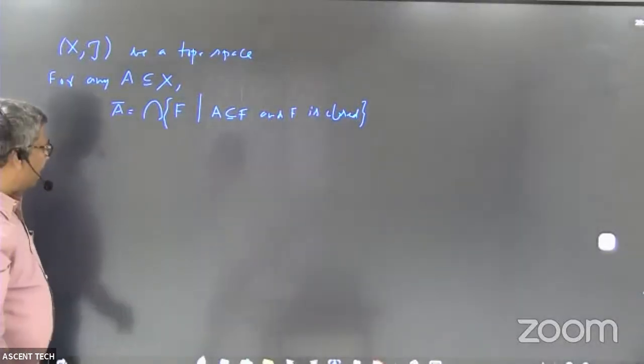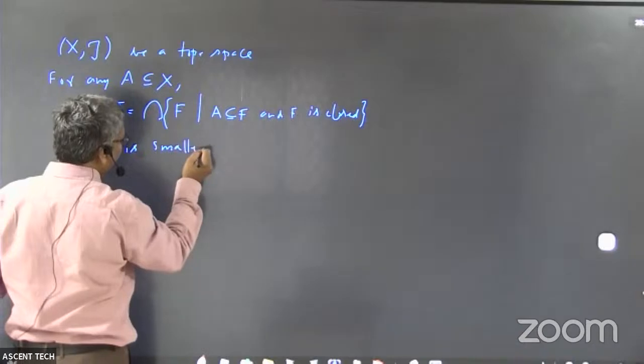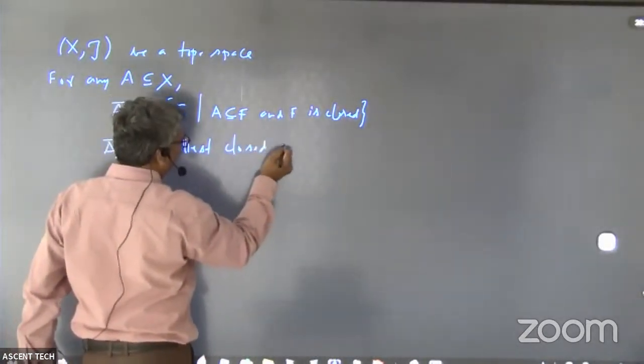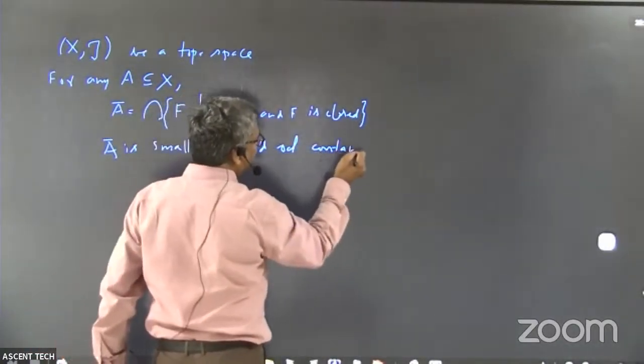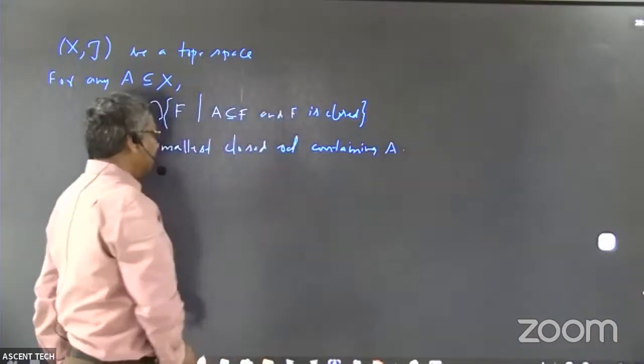That's what your A bar is. And I have shown you that A bar is the smallest closed set containing A. That's what we showed. We'll take examples.